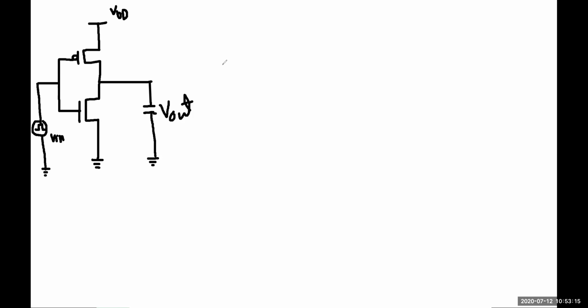Now, see this here. If you apply a KVL in the input side, what do you have? VDD minus this voltage. Here you have source, here you have gate. So source to gate voltage, VSG.